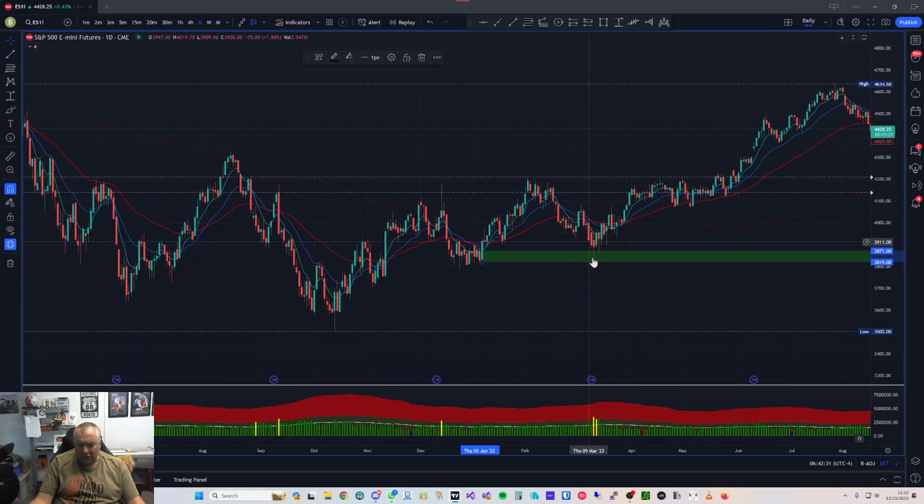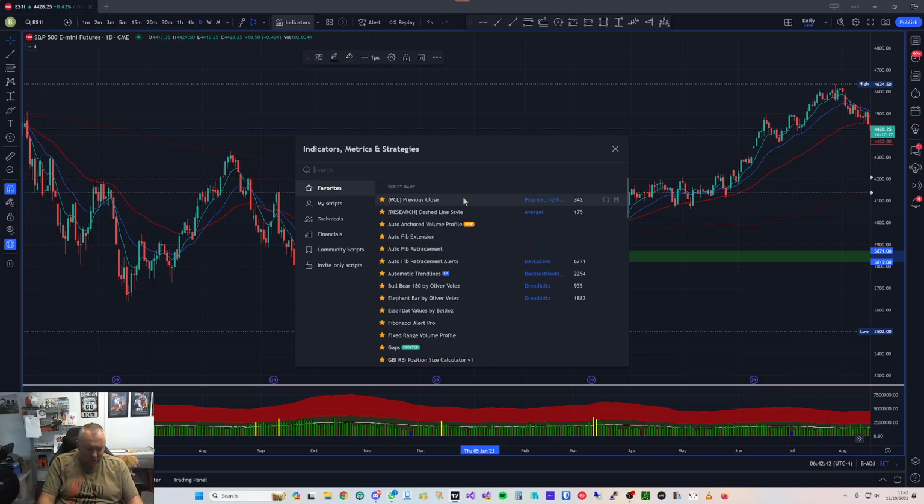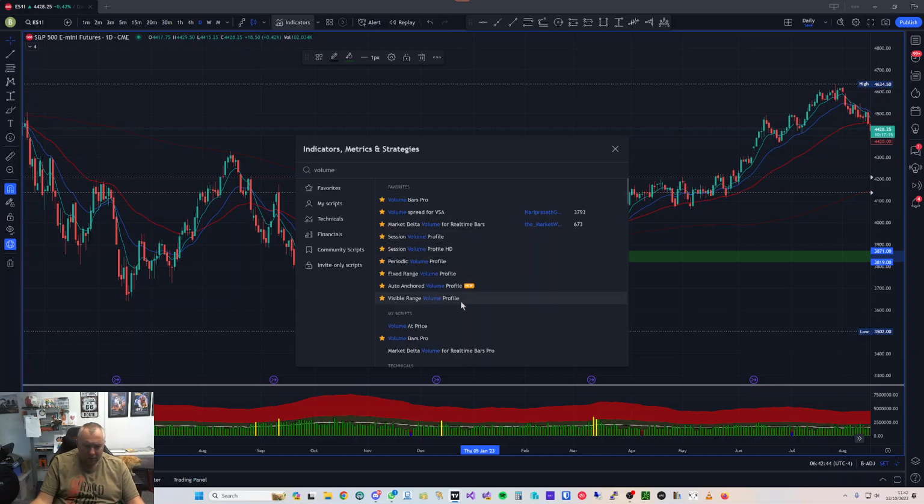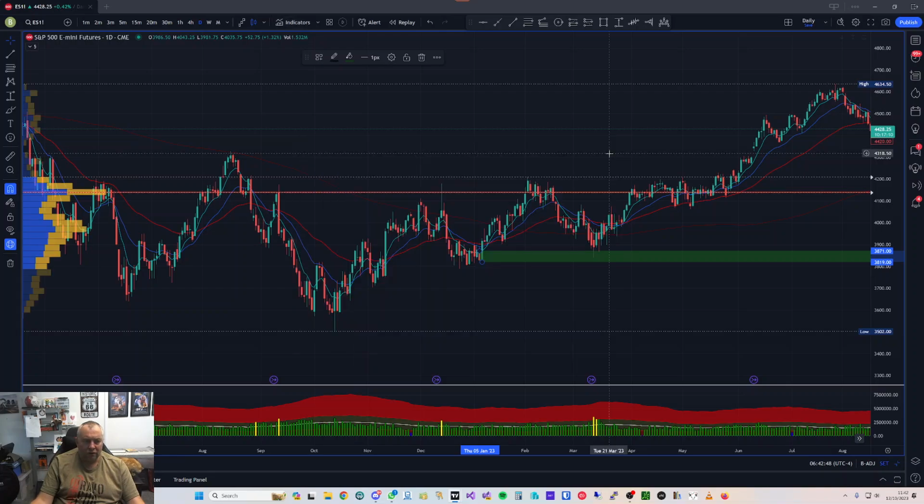The reason I didn't go for that pivot is because this area of demand actually takes that pivot into account as well. There's a couple of indicators I like to use as well, and it's the visible range volume profile, which is on TradingView, and that gives you a good indication of where on the chart there is concentrated volume.